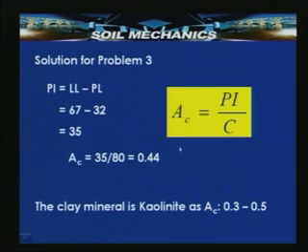We know that activity is equal to plasticity index divided by clay fraction, and plasticity index is equal to liquid limit minus plastic limit. From this you determine the plasticity index, which is 35%, and the percentage clay fraction is given as 80%. So activity is equal to 35 by 80, which is 0.44. This value is in the range of 0.3 to 0.5, as we have discussed.